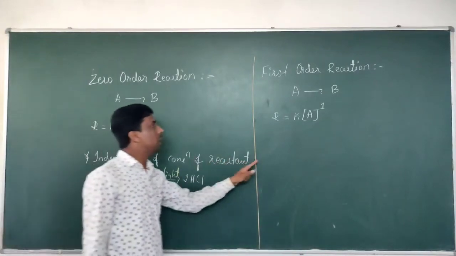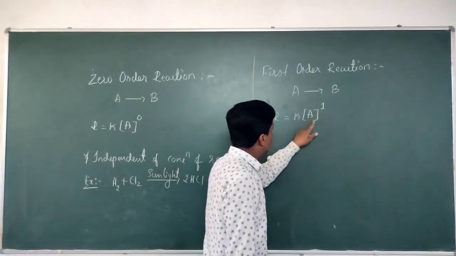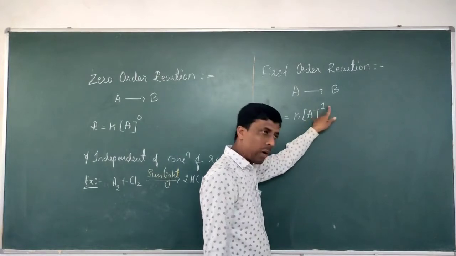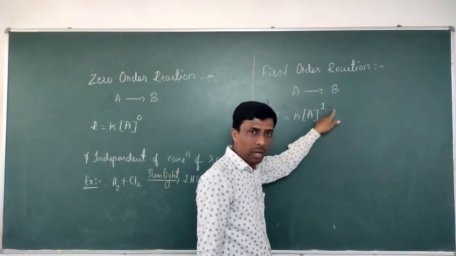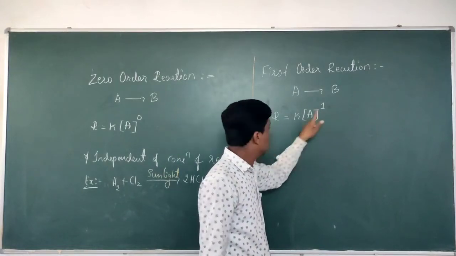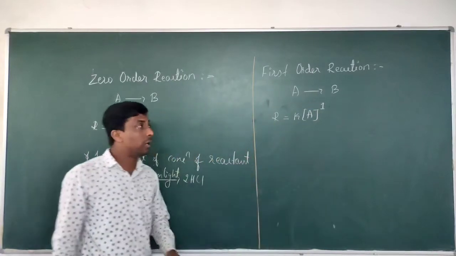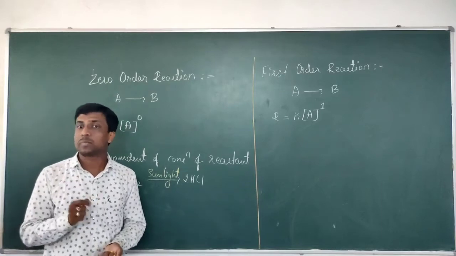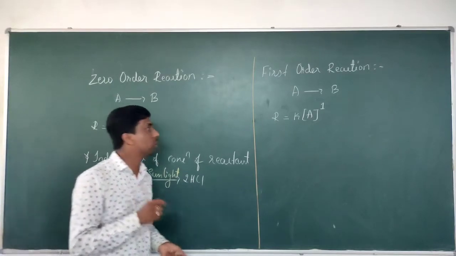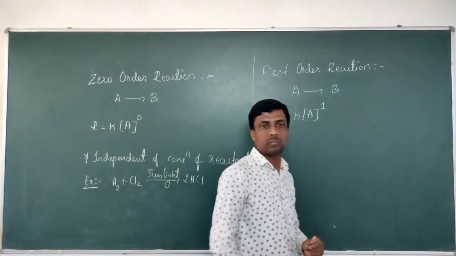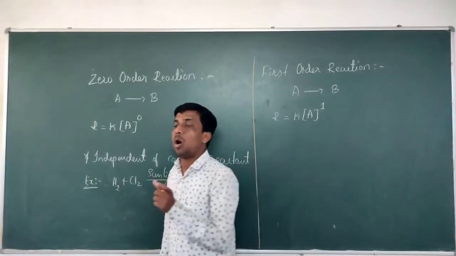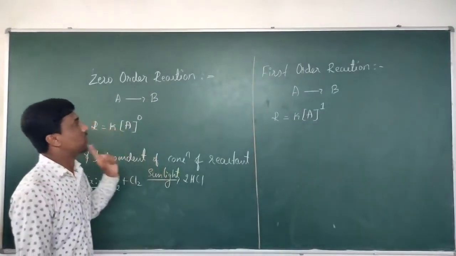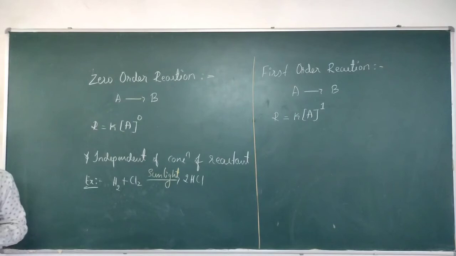If you get the rate with respect to the reactant as 1, x value is 1. Exponential term, if you get the 1 value, then the reaction is said to be first order reaction. Exponential value 1 ಇರಬೇಕು. ಇದ್ರೆ order of the reaction is said to be first order or 1 ಅಂತ ಹೇಳ್ಬೋದು.